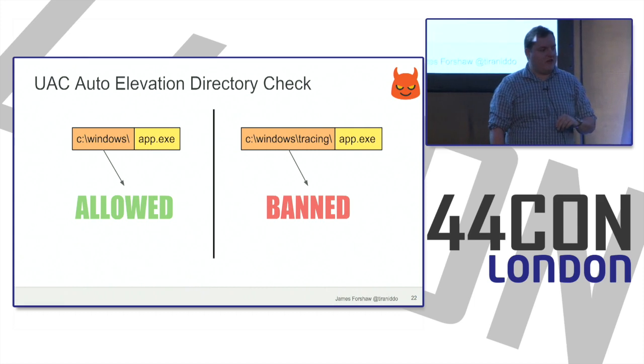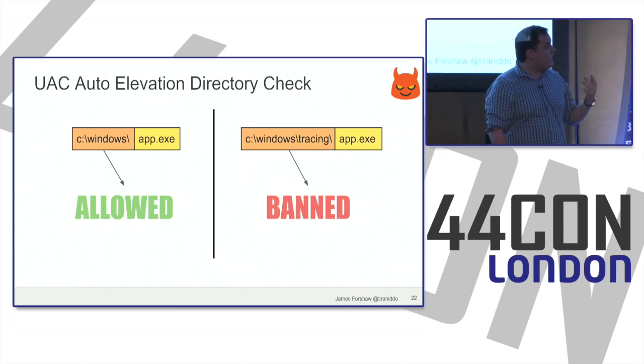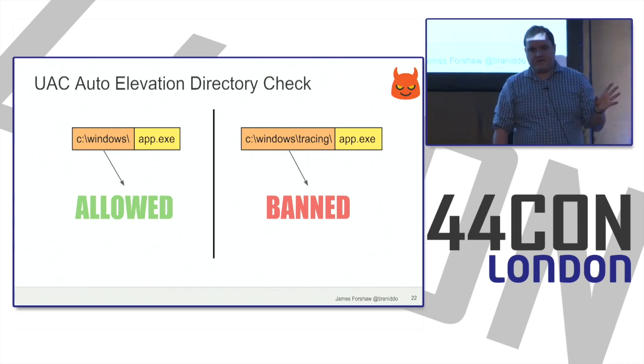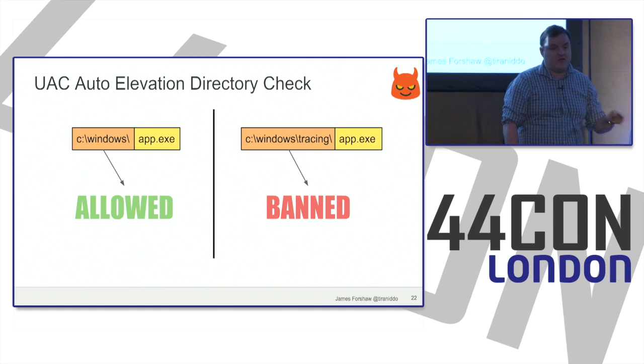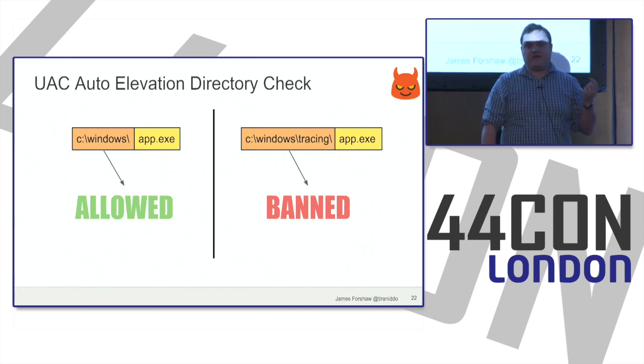And the definition of a secure location is hard-coded into the service. For example, if you're under C:\Windows, that is secure, and if you can put a file there, you get auto-elevation. However, if you put it under C:\Windows\Tracing, that is not a secure location, and therefore it is banned.